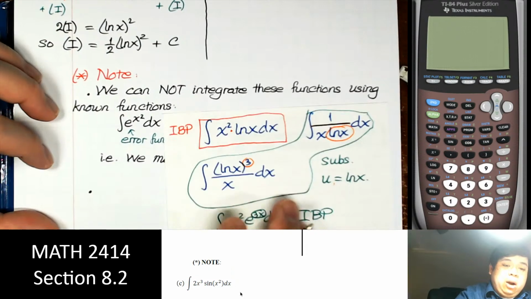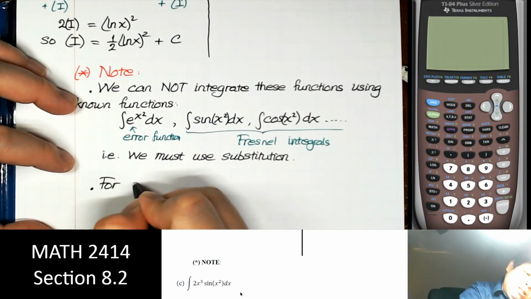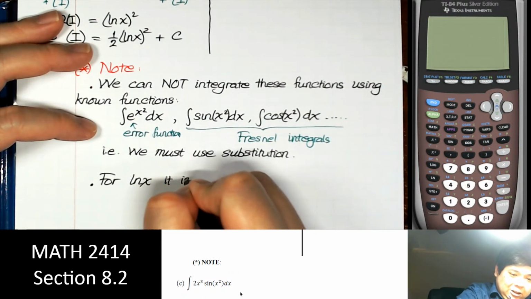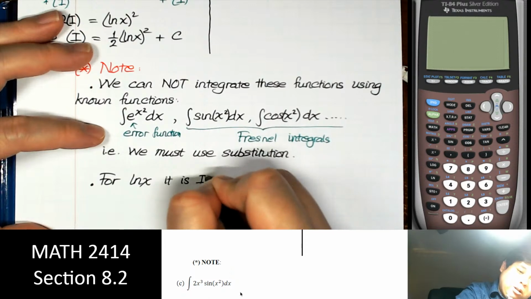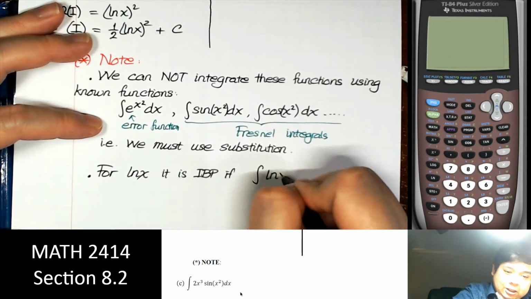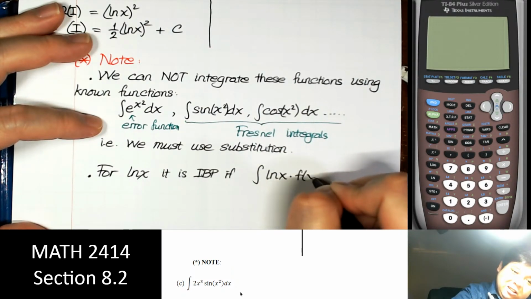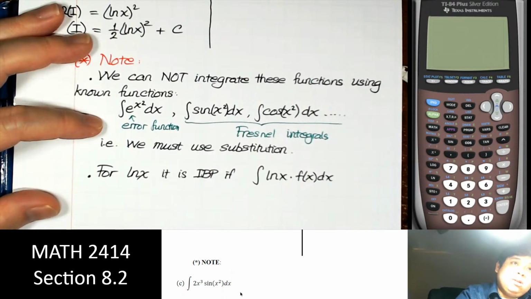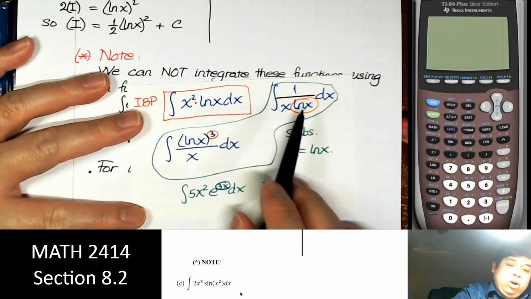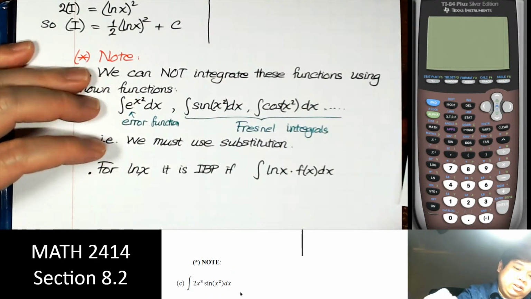And then the next one, I want to write the deal with ln of x. It is integration by parts if we have the integral of ln of x times something. If we have something divided by ln of x or ln of x raised to another power, that will be substitution.